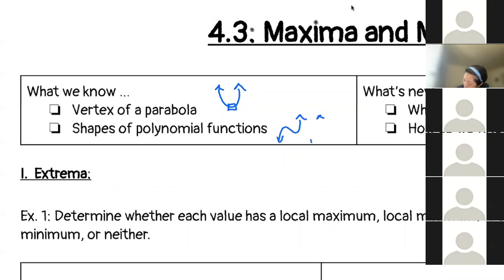The fourth degree polynomial might look something like this. And hopefully you and your classmates had a chance to talk about things like end behavior and how many bumps there might be in the graph, or how many times it might cross the x-axis, that kind of stuff, okay?